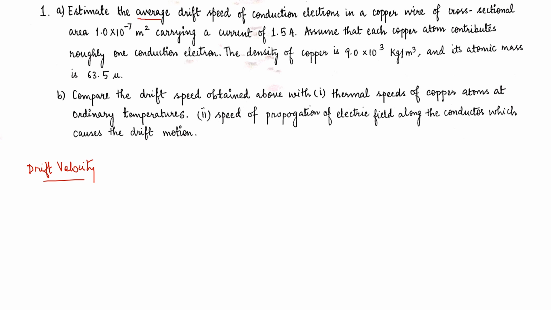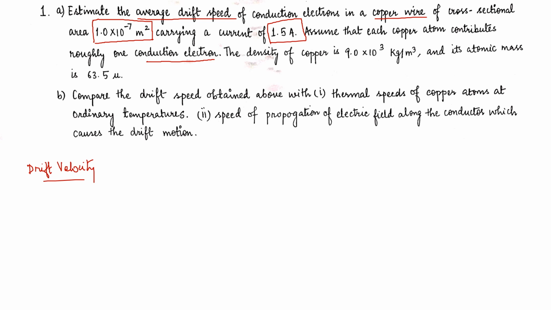Estimate the average drift speed of conduction electrons in a copper wire of cross-sectional area 1.0 into 10 to the power minus 7 meter square, carrying a current of 1.5 amperes. Assume that each copper atom contributes roughly one conduction electron.